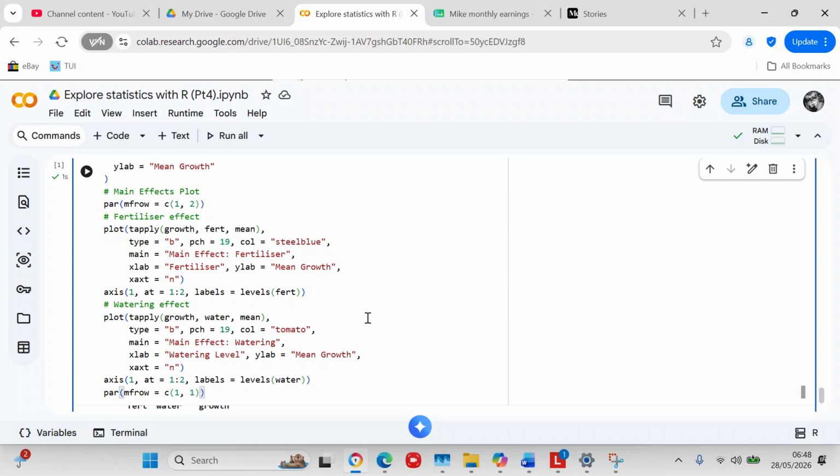Y lab is the label on the y-axis, mean growth. And then xaxt is n. Axis 1, at equals 1 to 2, labels equals levels water. And then par, mfrow equals a vector of 1 and 1.